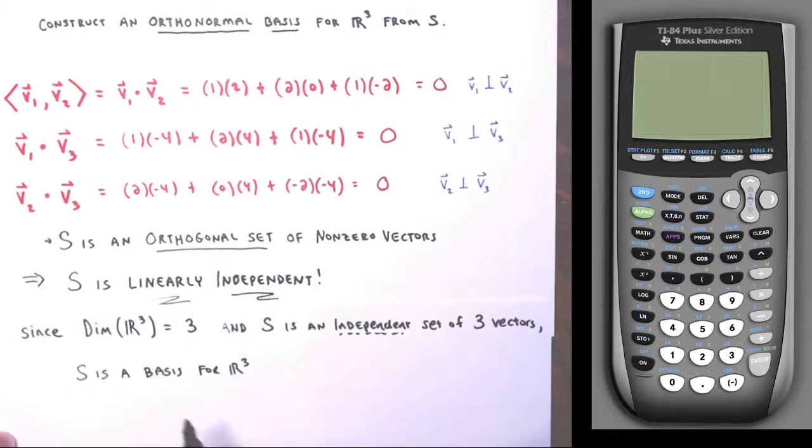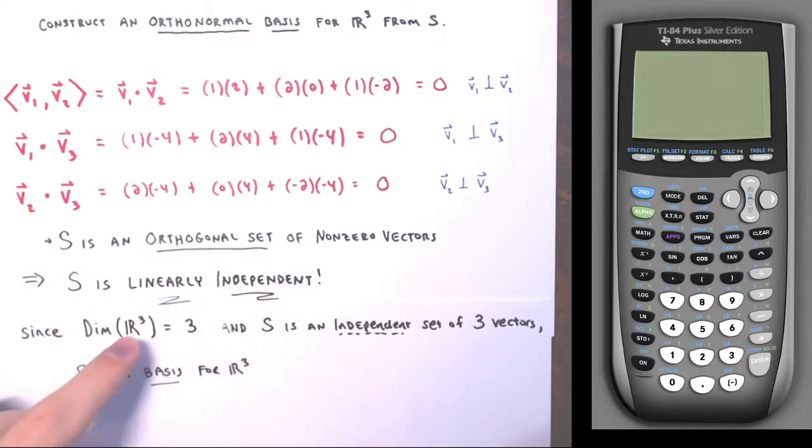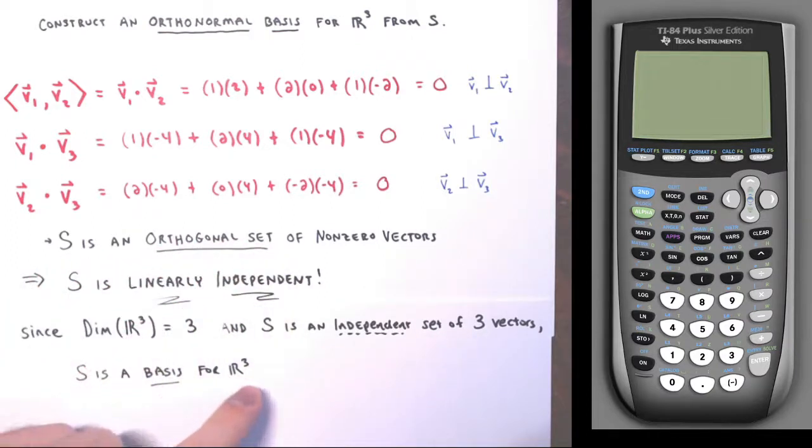And putting this all together, we showed S is an orthogonal set of 3 independent vectors, and the dimension of R3 is 3. So S is a basis for R3. It's an orthogonal set that is also a basis for R3. Therefore, we could call this an orthogonal basis for R3.